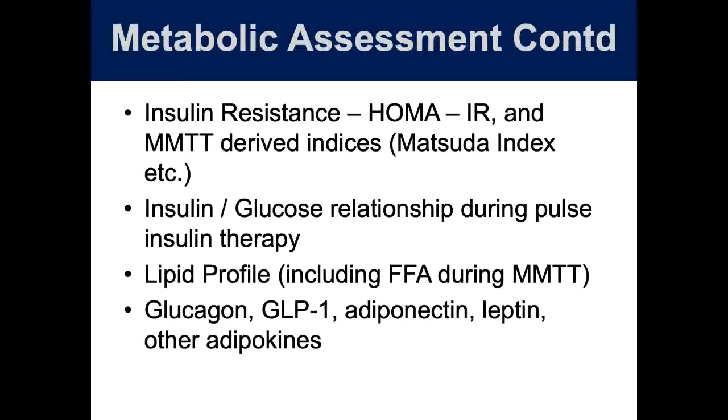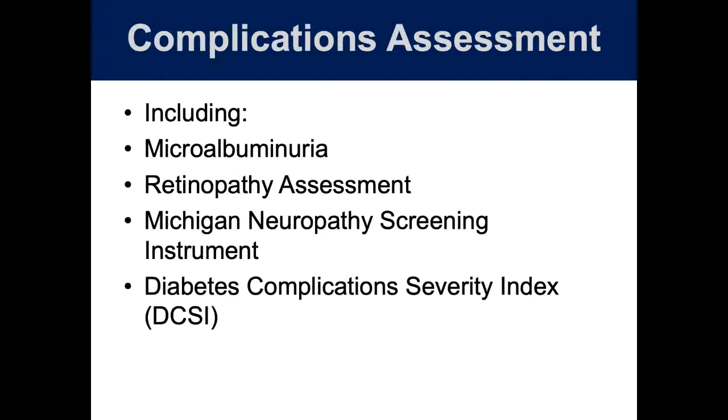We have insulin-glucose relationship during pulse therapy and lipid profiling, glucose, GLP-1, glucagon, and other measures. We would look at microalbuminuria, retinopathy assessments, screening instruments, and severity indices. So these people will be really well studied, in as much detail GI-wise as endocrine-wise.